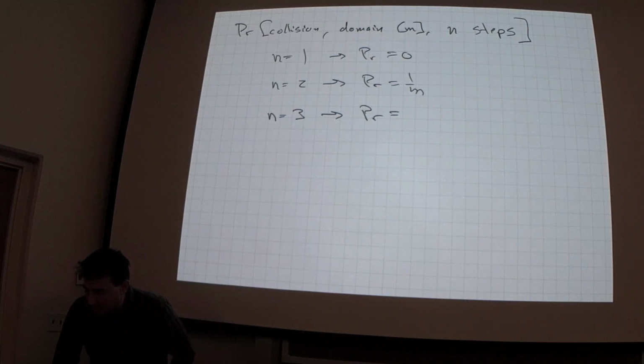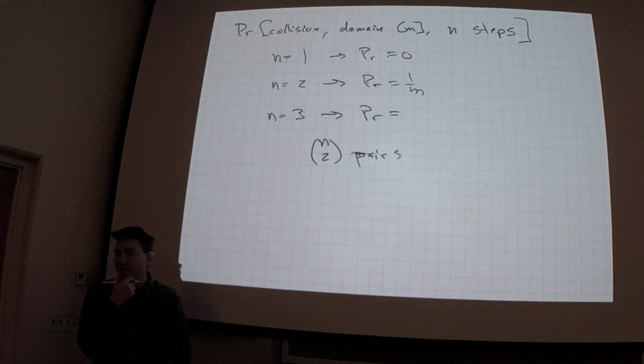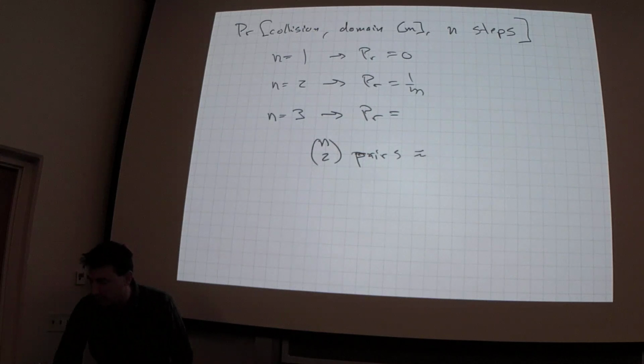There are going to be n choose 2 pairs. This is roughly n squared over 2.